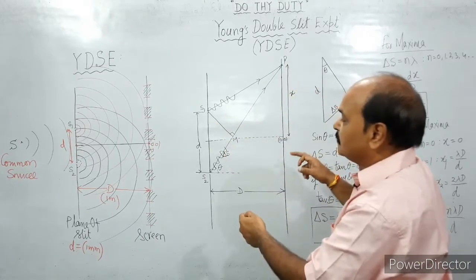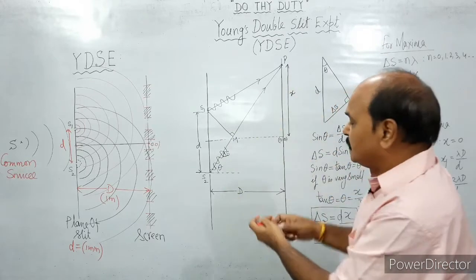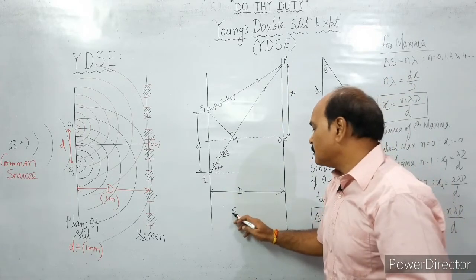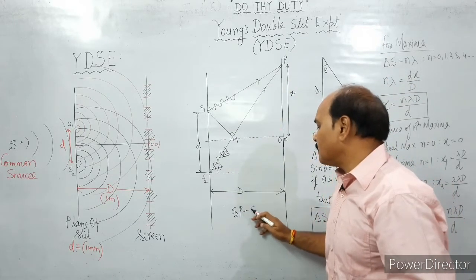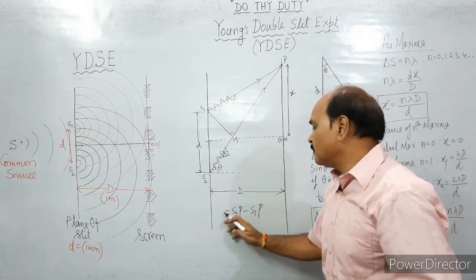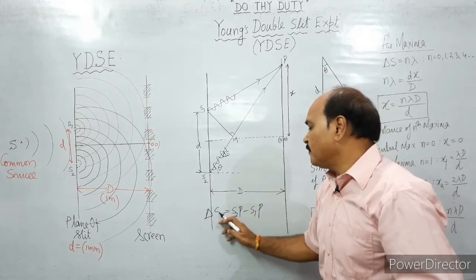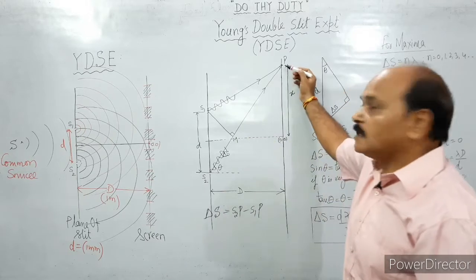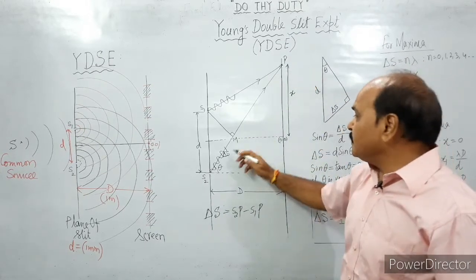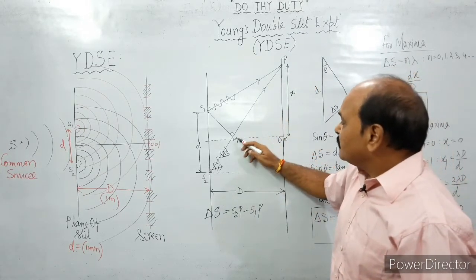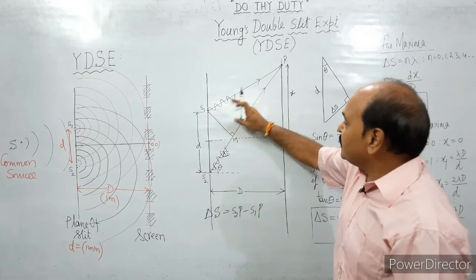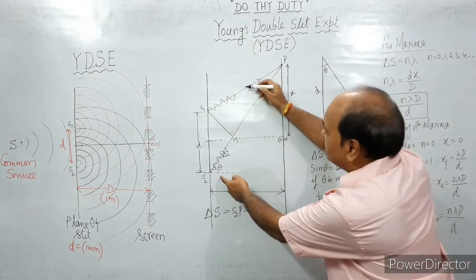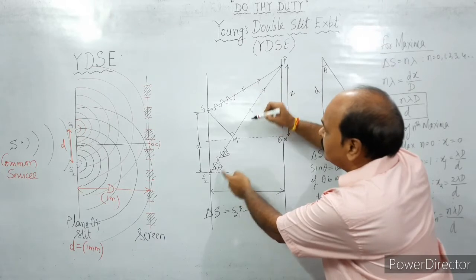So from here onward, MP is the same as S1P. So S2P minus S1P is actually the path difference between the waves which are reaching here. This S2P minus S1P is going to be this much distance, because these two distances are equal.